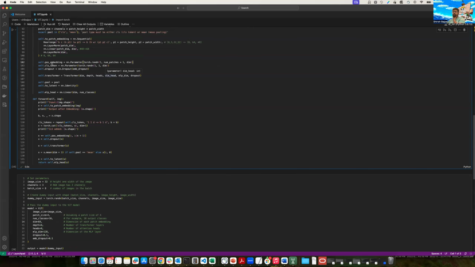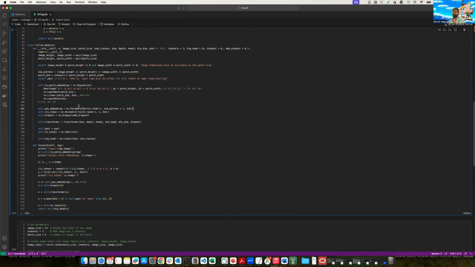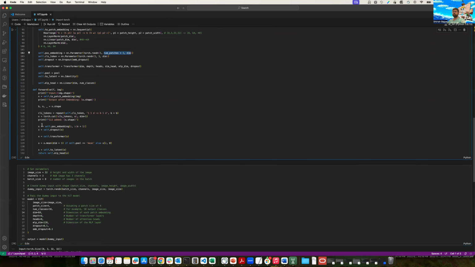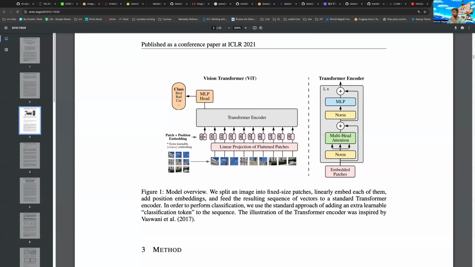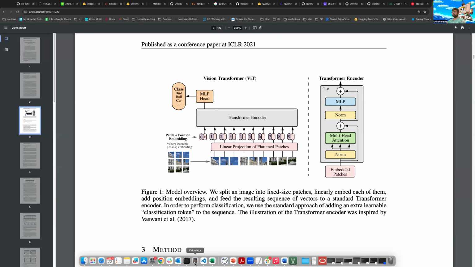Again, this is also trainable, and the dimension is number of patches plus one because of the CLS token, and dimension. These weights will be shared across all images, and then we add it to our original image tokens. So here you see, now position is added to all the patches.